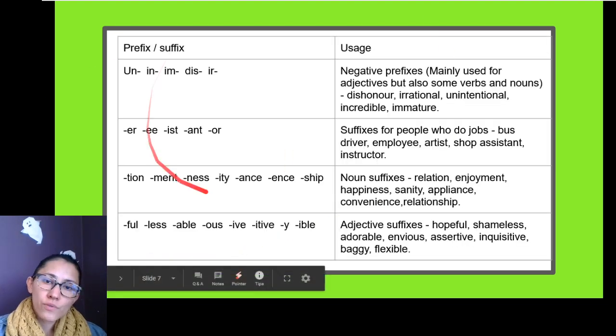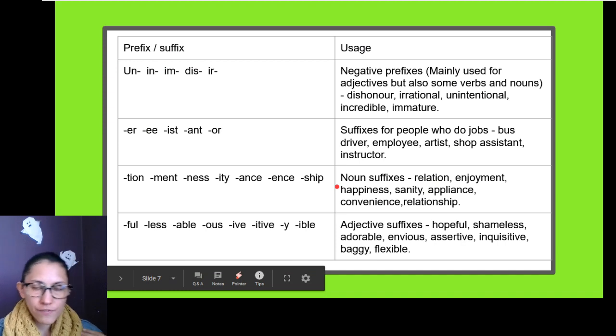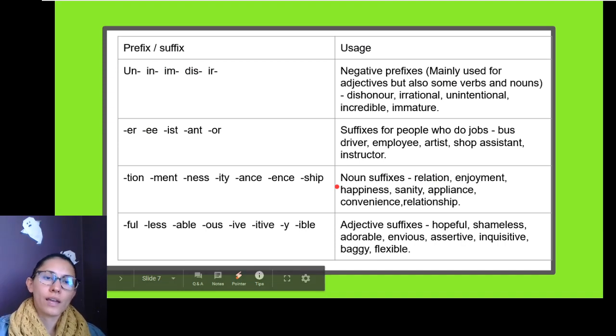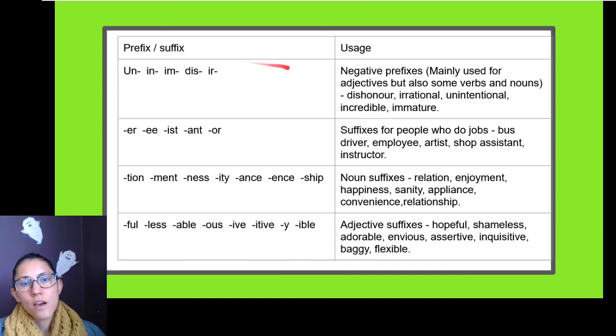This is just a reminder of some of the prefixes and suffixes that you may be using later on. There are negative prefixes, mainly for adjectives but also nouns and verbs, such as dishonor, which is a noun, irrational, unintentional, incredible, immature. There are suffixes for nouns for people, such as driver, employee, artist, shop assistant, instructor, and suffixes for other nouns: relation, enjoyment, happiness, sanity, appliance, convenience, relationship.